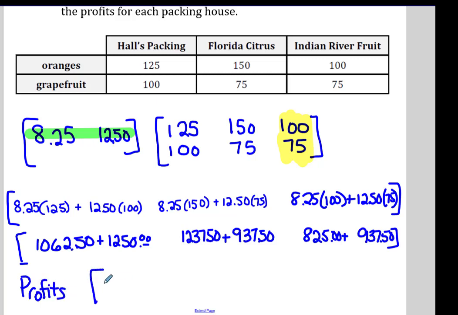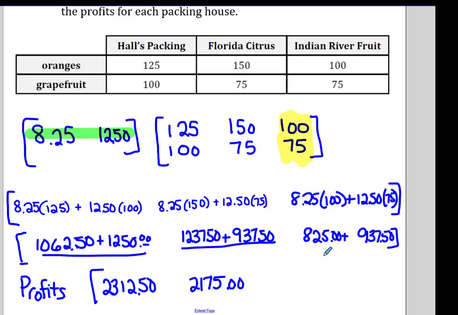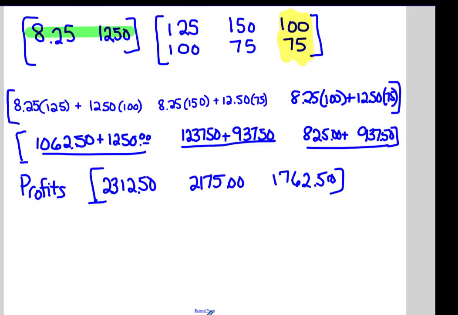We got 2312.50 for this first element. This second element is 2175, and then the third element would be 1762.50. Now, what did we just find out?